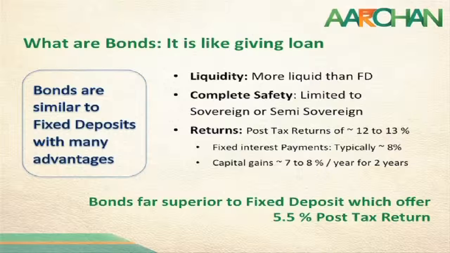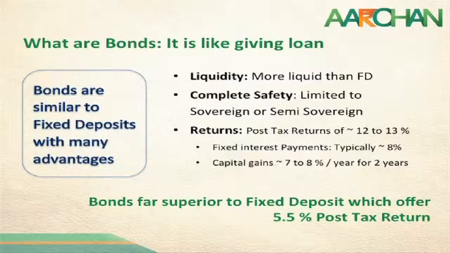We expect post-tax returns of about 12 to 13% because of the environment, which we will explain in the next few slides. But the first step to understanding bonds is that bonds are an alternative to fixed deposits. They are much superior in terms of returns, which could be as high as 12 to 13% in the next 2 years, unlike 5.5% of fixed deposits.